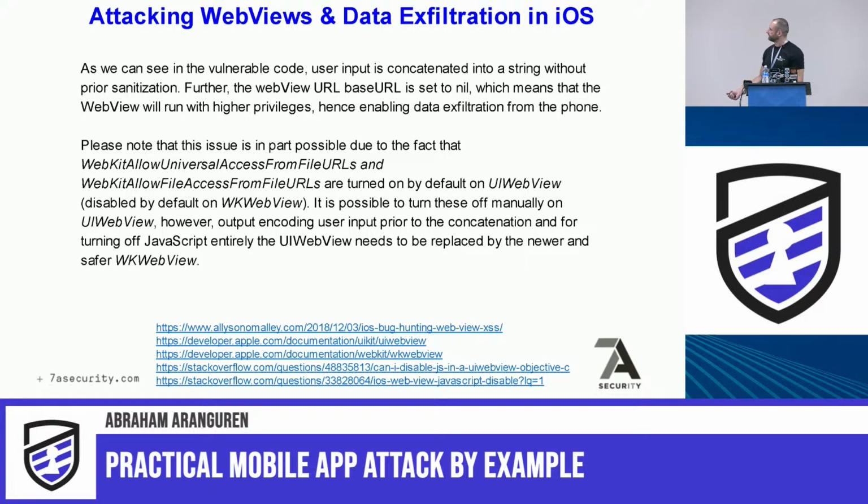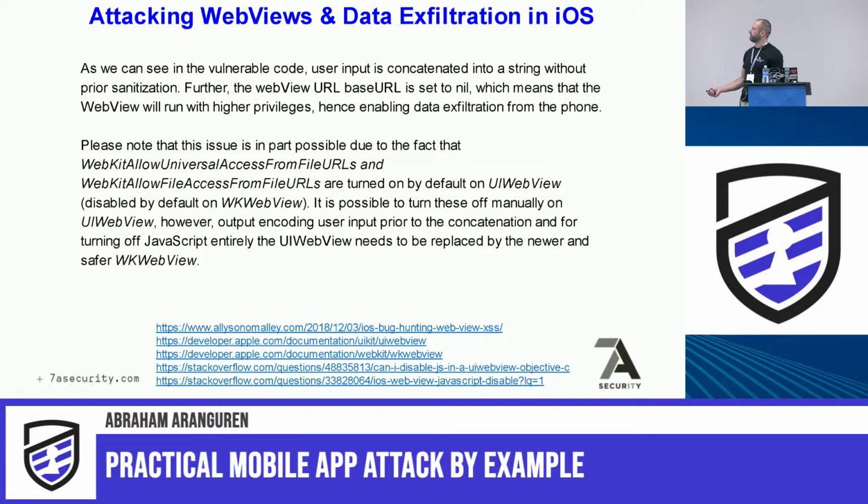And yeah, then this is possible because of these settings that were turned on by default on UI web views, which is what I was saying before. But in WK web views, this is not vulnerable by default anymore. So in general, if you're an iOS developer, you know anybody developing in iOS, they should use the WK web views, which are safer by default and so on.